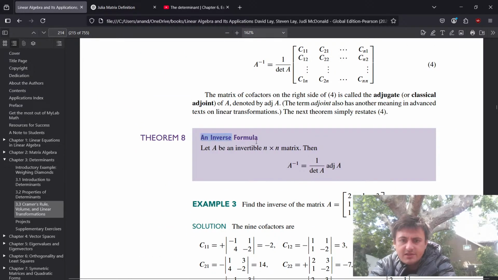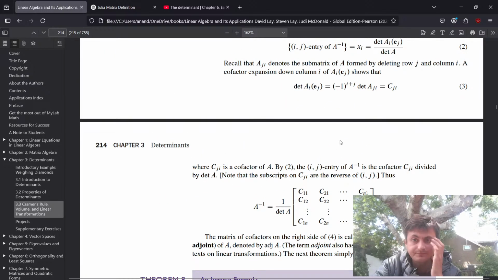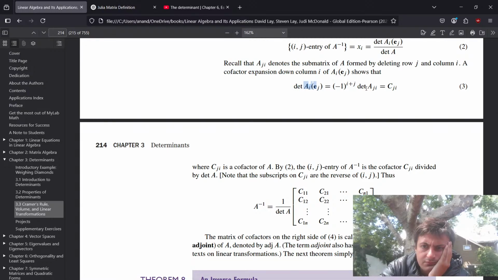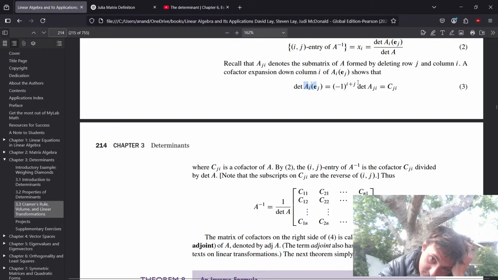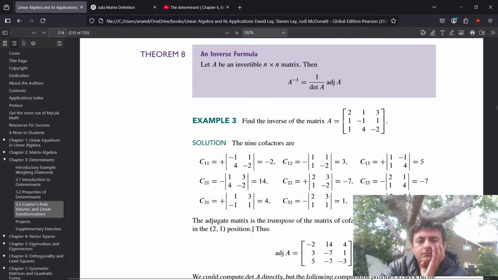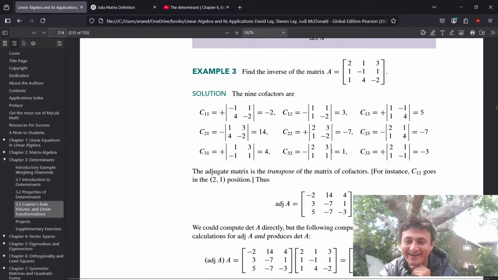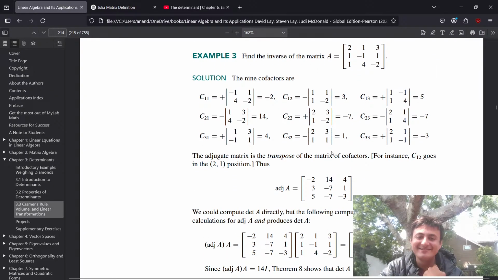I really hope this doesn't get tested, because it's like, what the hell? Yes, I want to compute the inverse by taking 9 determinants. Why is this in here, bro?